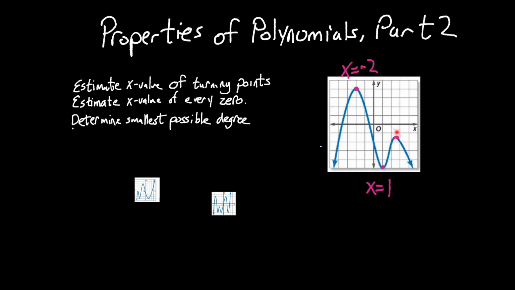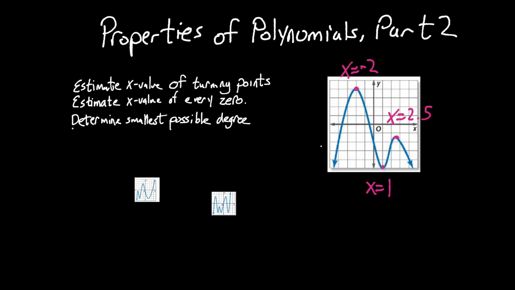And now this one up here is somewhere between 2 and 3. So depending on how precise you want, you can give a number between 2 and 3. My estimate is going to be it's at about x equals 2.5. So there are the turning points for this function.